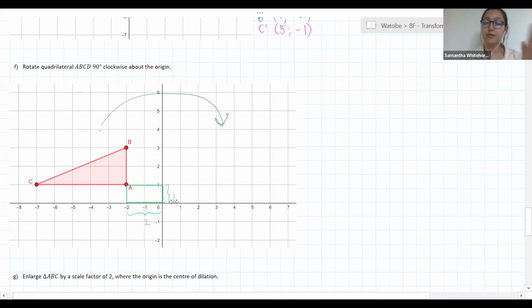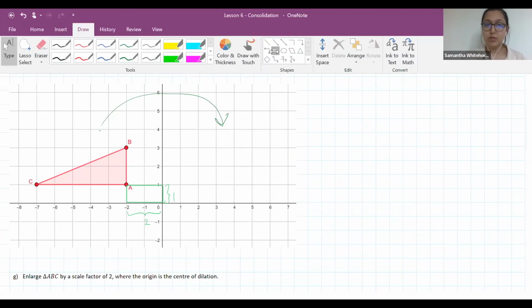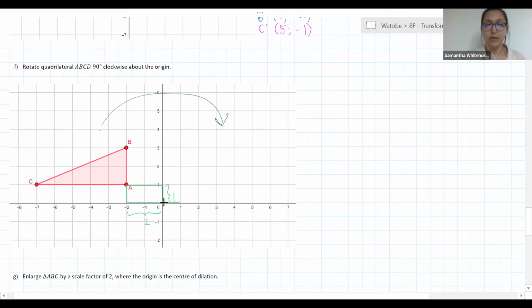So now I have to take it from lying down, so lying flat horizontally, to standing upright so that I'm rotating 90 degrees. That then means I need to draw my rectangle, still 1 unit wide and still 2 units long, but now standing upright in the correct quadrant for my rotation clockwise. Now, what I also need to remember is that point A was sitting on the sort of right vertex.